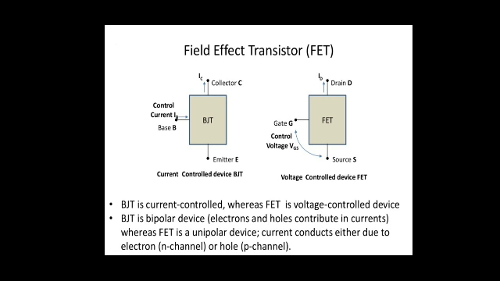A BJT is a bipolar device. That means both majority and minority carriers participate in current conduction, that is both electrons and holes, whether it is NPN or PNP.